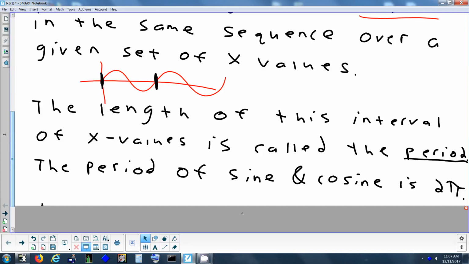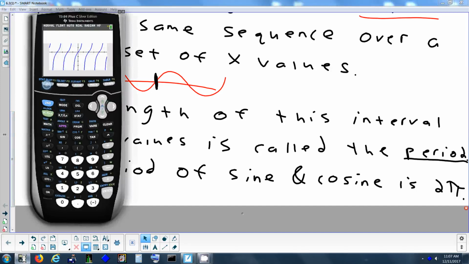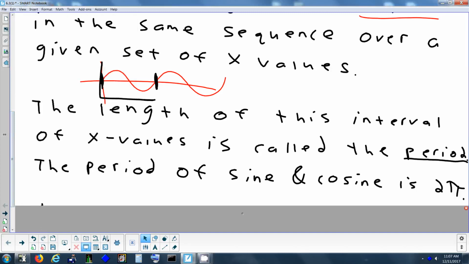Okay, so what I could do is ask you to graph something eventually on the calculator and say, instead of showing me multiple periods, just show me one period on the screen. All I want to see is what's in that black box on the whole screen.